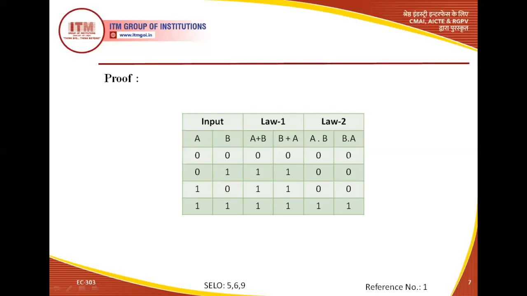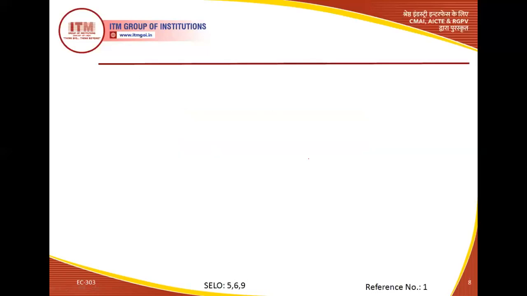So from the truth table, it is clear that A or B is equivalent to B or A, and A and B is equivalent to B and A. So that is the commutative law. That means we can change the position of input variables in an OR operation or an AND operation.